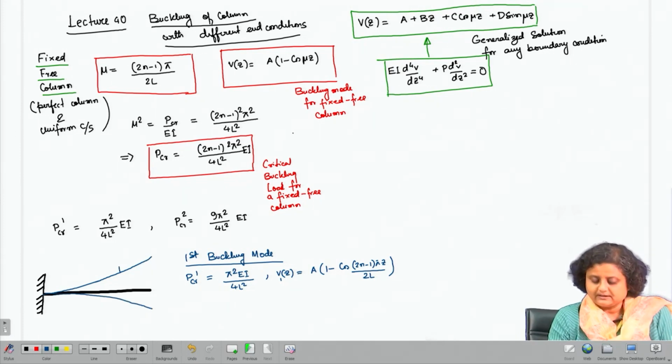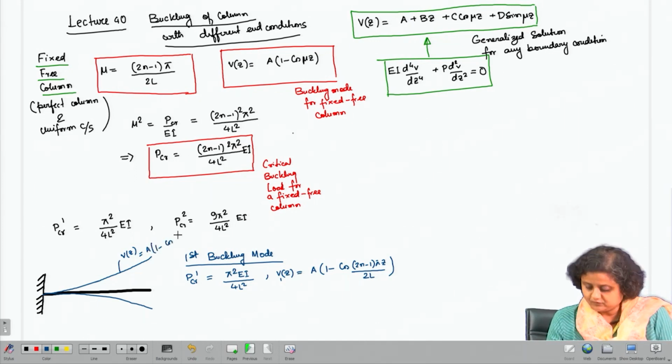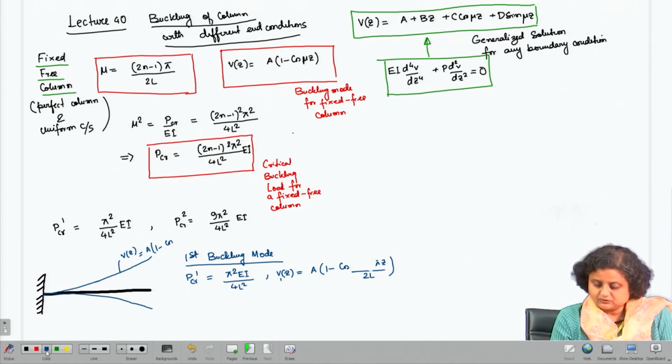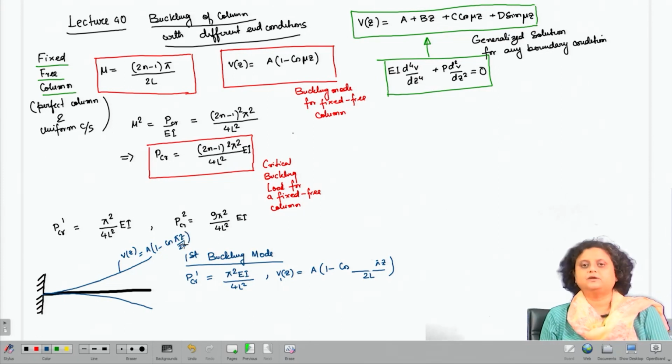This is going to be represented by Vz, which is some arbitrary constant A into 1 minus cos pi z by 2L. So, this is the solution.